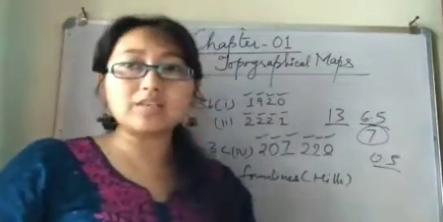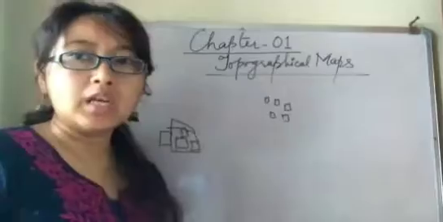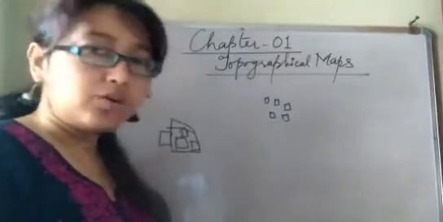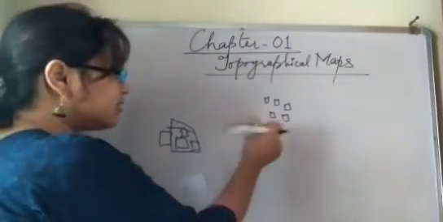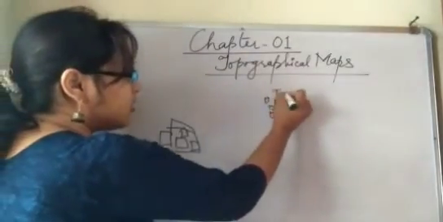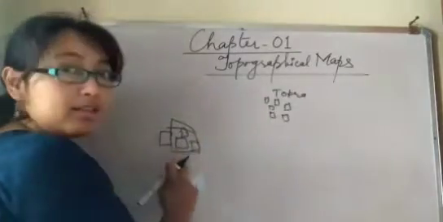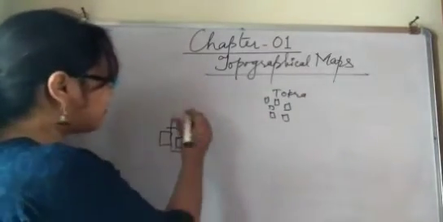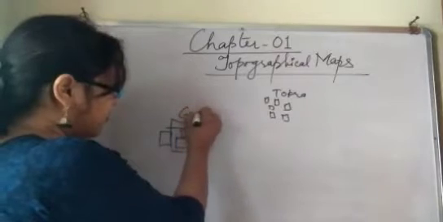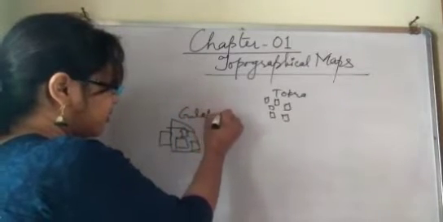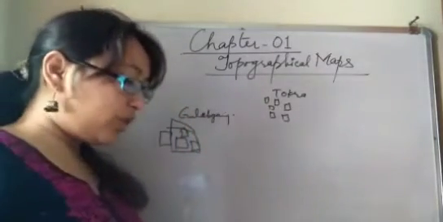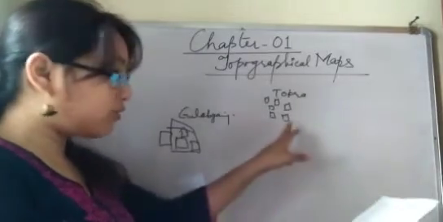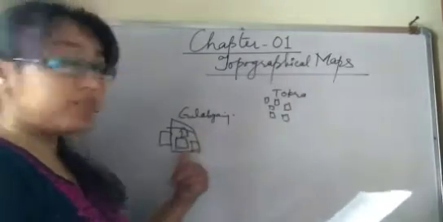So I'm going to draw these settlements here. The settlements on your topographical map are like this. Here we have Tokra settlement, and this side we have Gulabganj. Now you need to find out the direction of Tokra from Gulabganj.